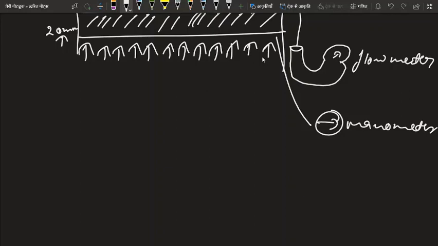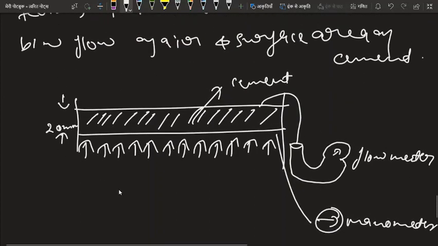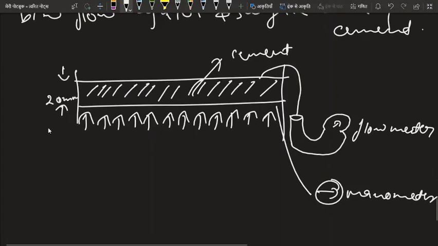What we get from this diagram: a 20 mm thick cement layer is placed on a perforated plate having perforations of about 40 mm. Air is blown from the base.